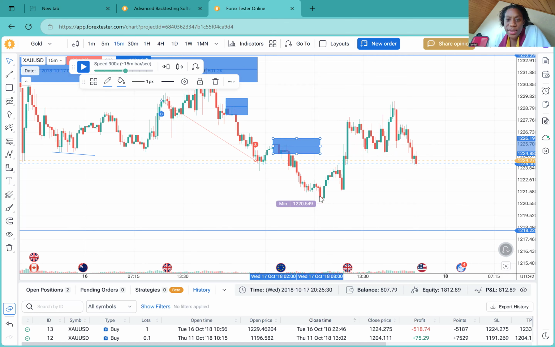From this lower low, price decided to give us a higher low, which showed us that price was kind of going up. So it now broke this previous low to the downside.